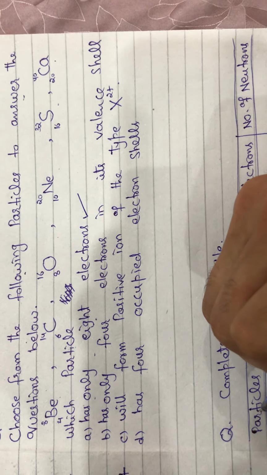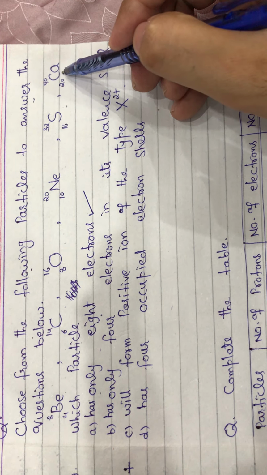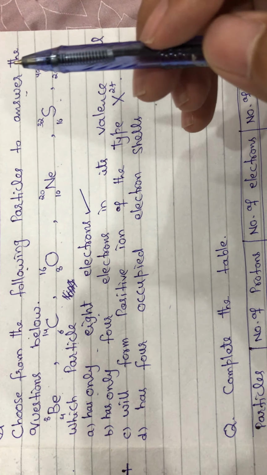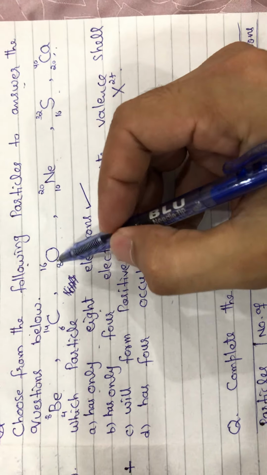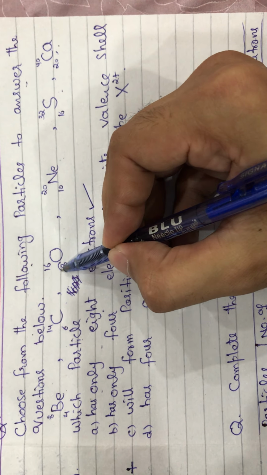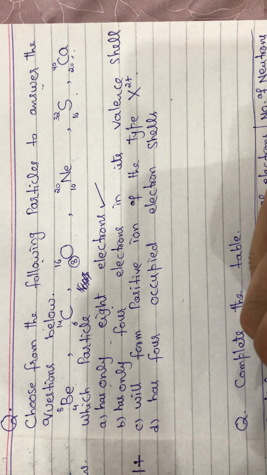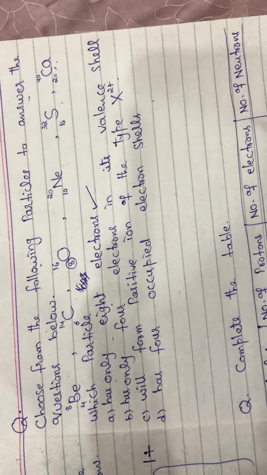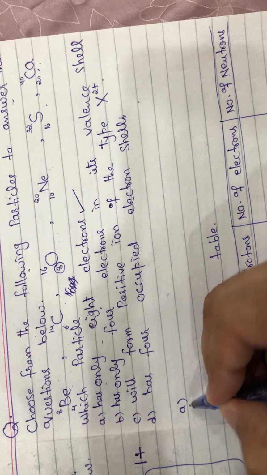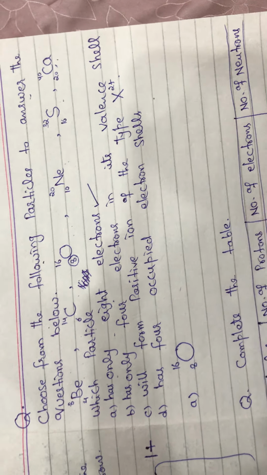We will see that all these are atoms. So in an atom, the atomic number is the same as the number of electrons. Oxygen has 8 electrons because it has atomic number 8. So our A part answer will be oxygen, which has 8 electrons in total.